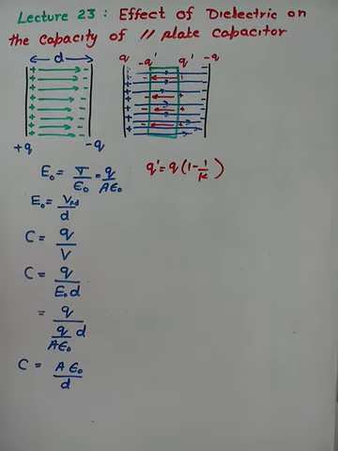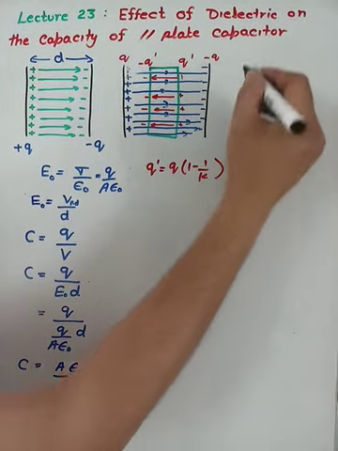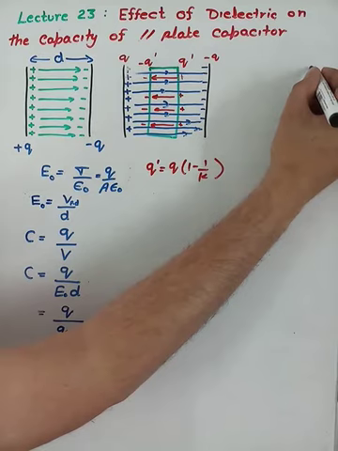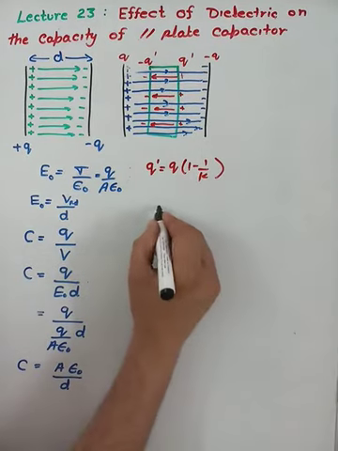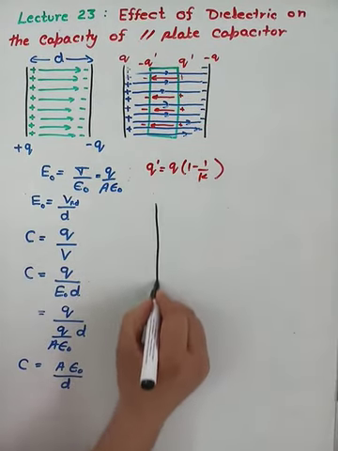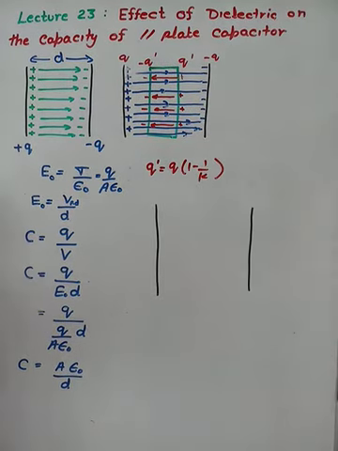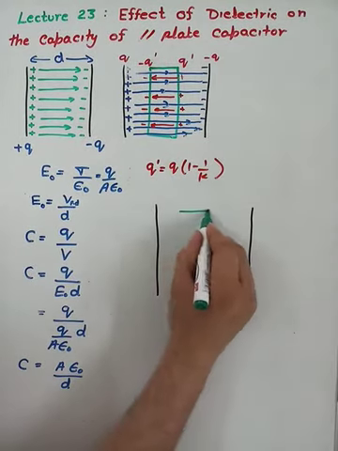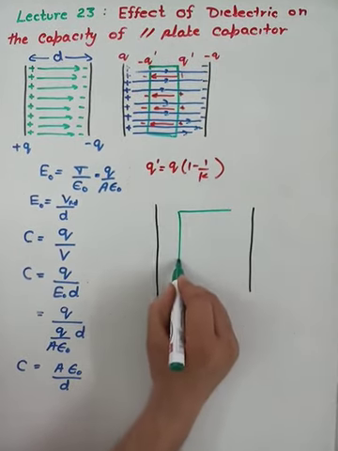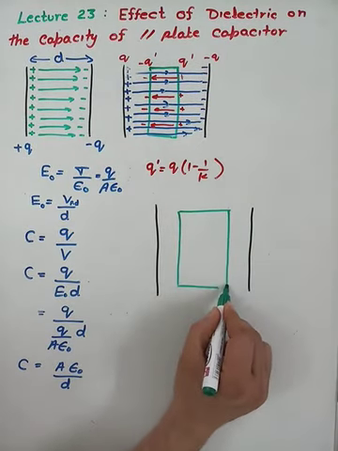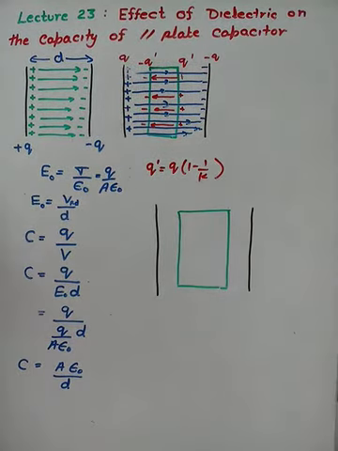Now next, what will happen if we draw another diagram? Now how will you show the field lines now?